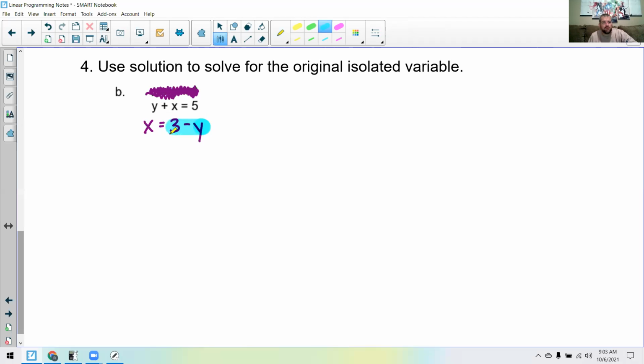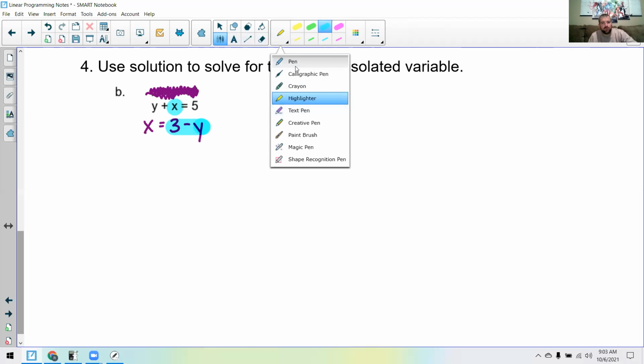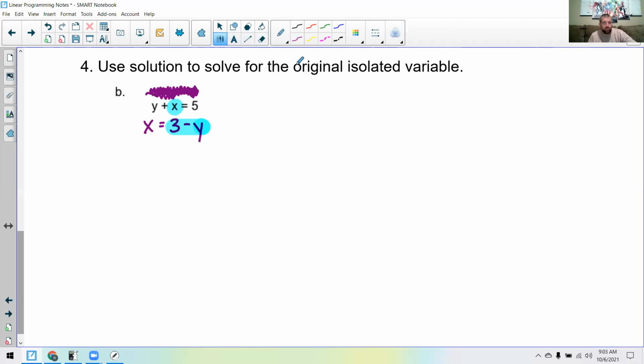So what I'm going to do is take 3 minus y and replace x in the first equation with 3 minus y. So I'm going to rewrite the first equation, but I'm going to replace that x with its equivalent expression.